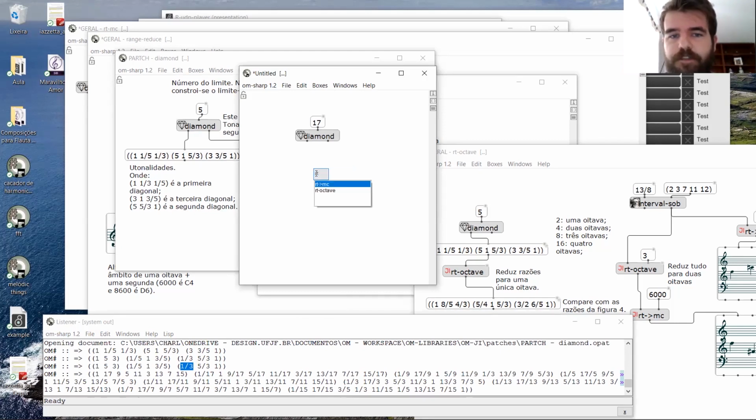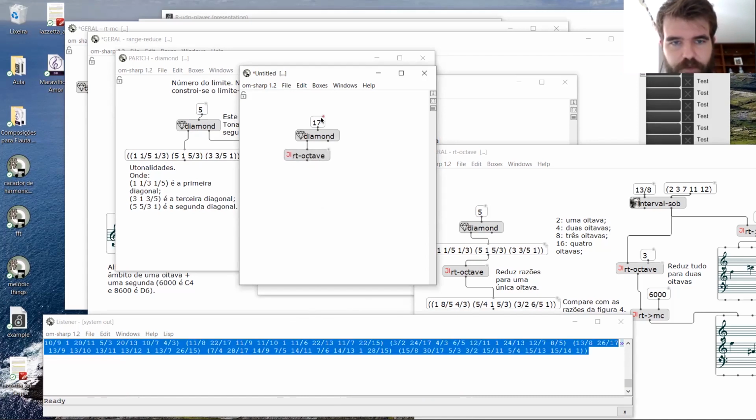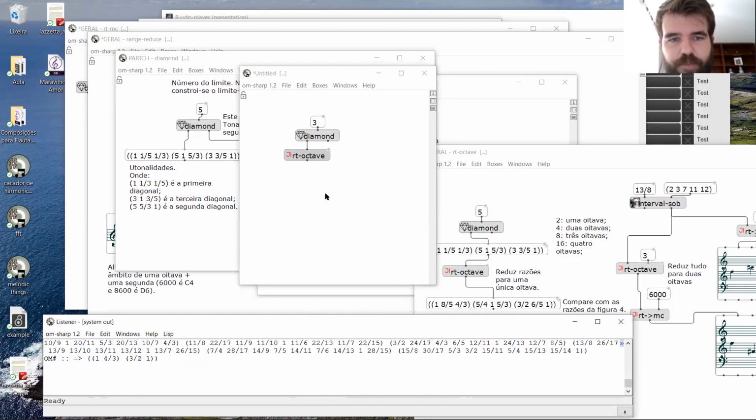So if we want to use the diamond like Harry Partch, you need to put this object here, so it will make these ratios. If you compare these ratios to the Genesis of a Music book, you will see that the ratios are the same, in the same order too.